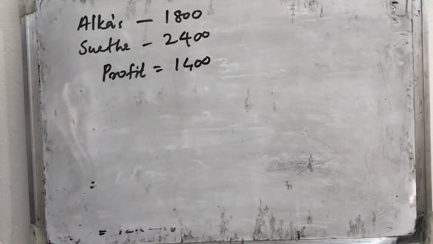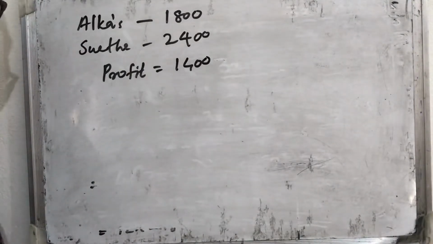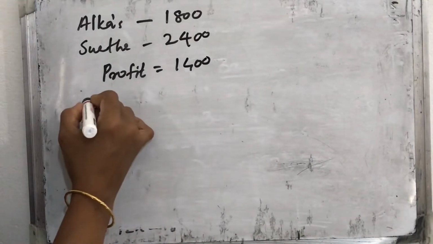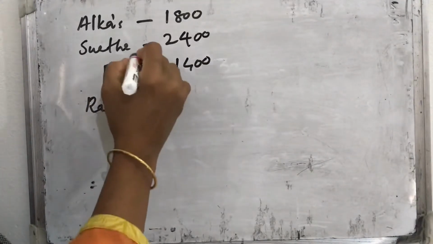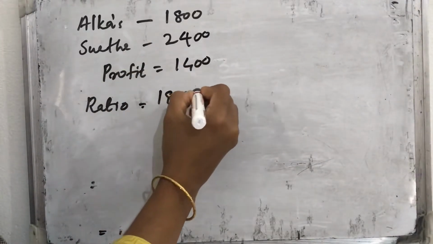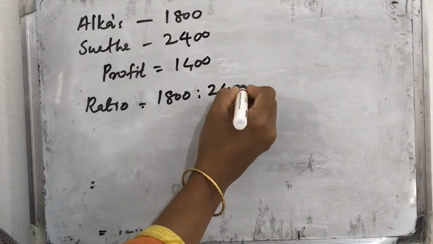In which ratio they invested, in that same ratio they want to get the profit also. So what is the ratio of their investment? Ratio of investment we can take as 1,800 is to 2,400.